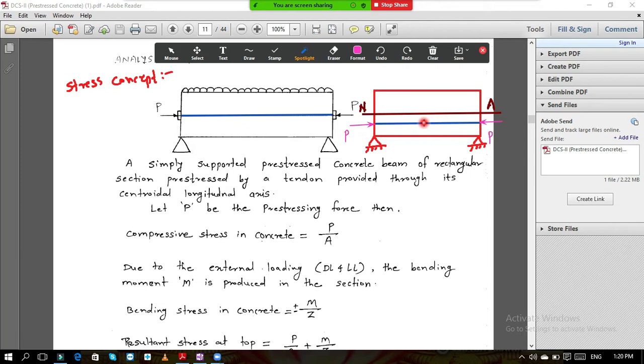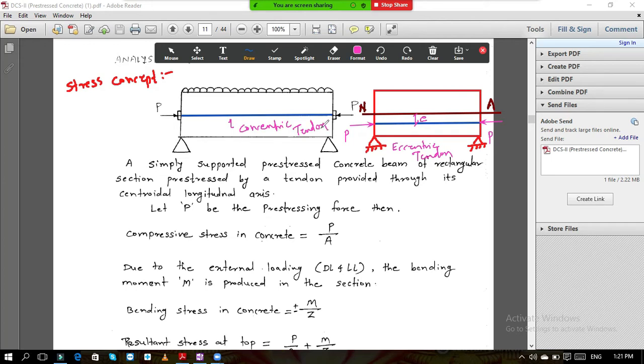Now if you see carefully over here, the tendon is not passing through the centroid. This is the neutral axis, centroid, and the tendon is passing over here. So the tendon is passing at some distance. This distance is called eccentricity. And this type of tendon is called an eccentric tendon. And this type of tendon which is passing through the centroid is called a concentric tendon.